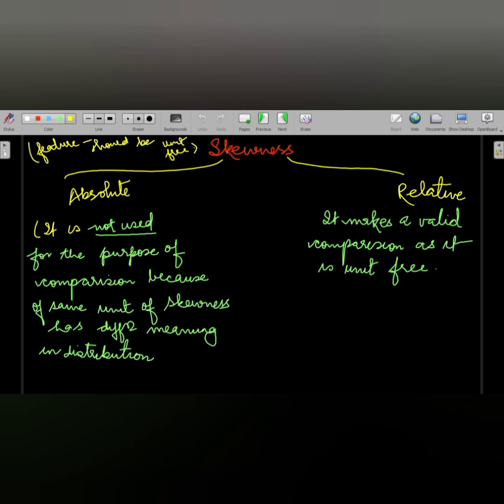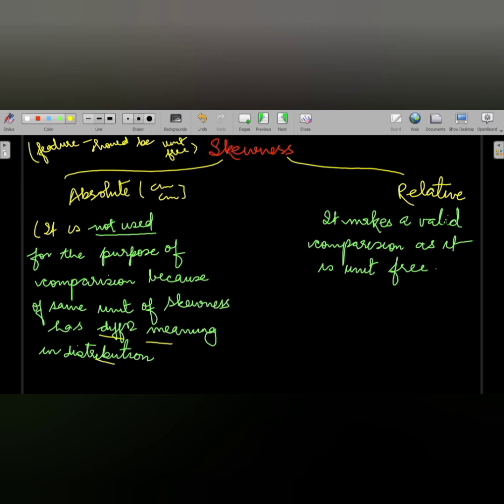The absolute figure is not used for comparison because the same unit of skewness can have different meanings in different distributions. Same unit means, for example, centimeter, but the skewness depicts a different meaning in each distribution. So the result can be vague, and that's why the absolute measure is ignored.